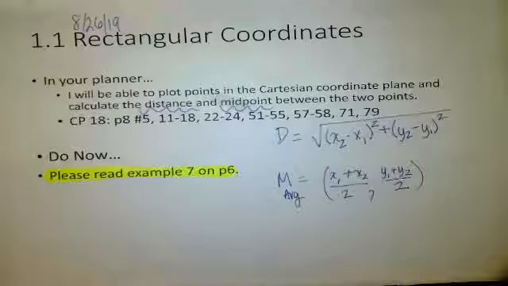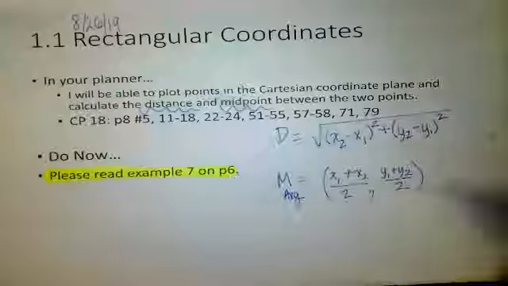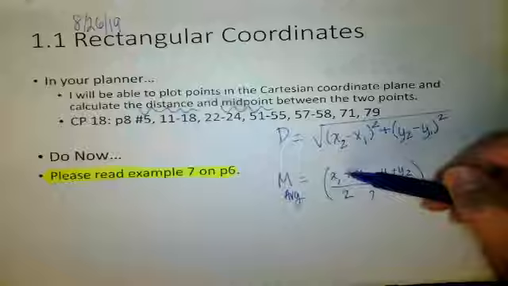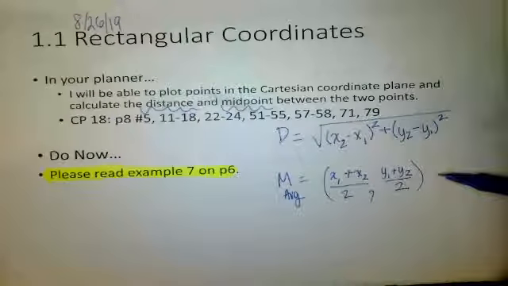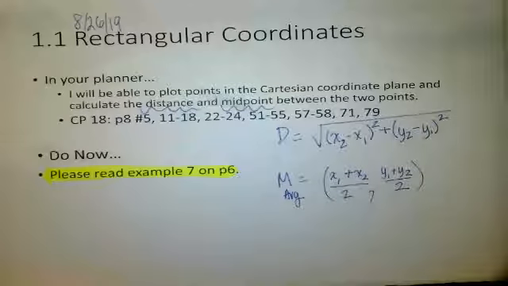Ladies and gentlemen, this is another thing you need to know. Do you have to memorize it? I don't, because I understand that the midpoint is an average: the average of the x coordinates and the average of the y coordinates. I don't have to memorize anything because I know that that's a middle.